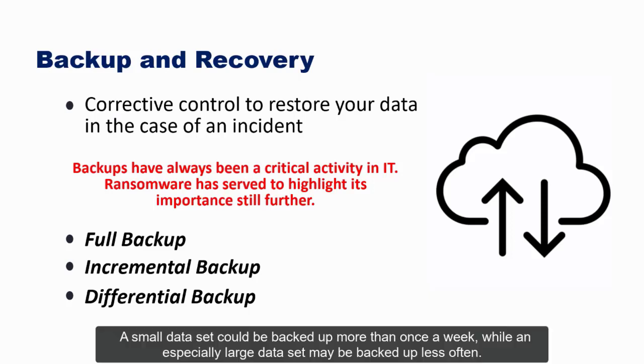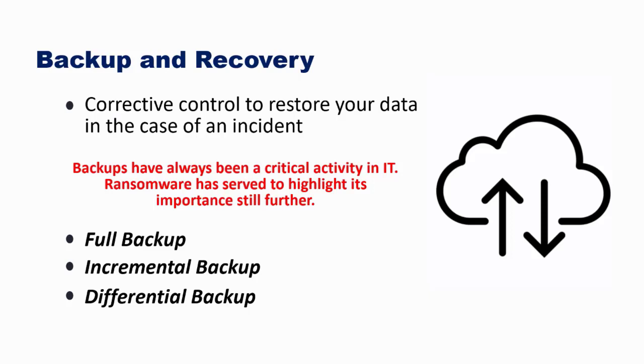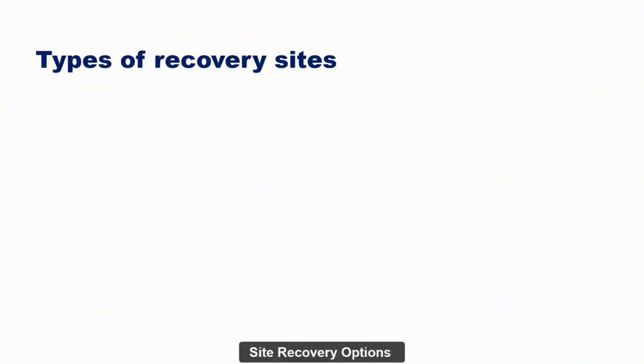A small data set could be backed up more than once a week, while an especially large data set may be backed up less often. A more rapid recovery requirement may induce the organization to perform differential backups instead of incremental backups. If a full backup takes a long time to complete, it should probably be performed during times of lower demand or system utilization.